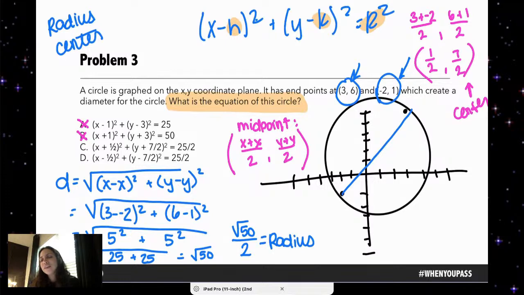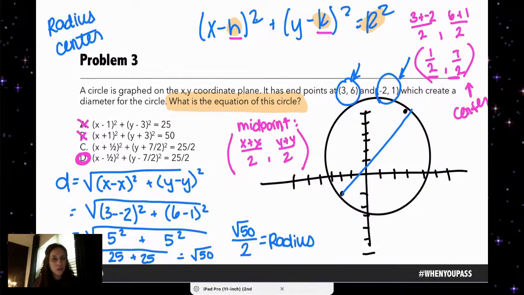So I really don't even need to do my r squared because the only option I have is 25 divided by 2. So I'm looking at my center. My center is positive, which means when I plug a positive number into h, k, it's going to be x minus, y minus, which means my answer is D.